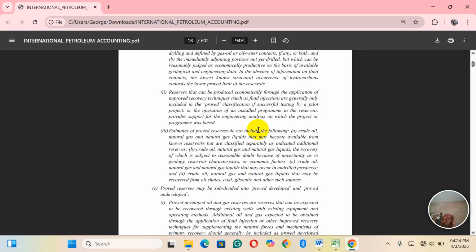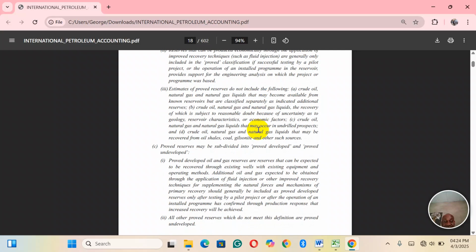C, crude oil, natural gas, and natural gas liquids that may occur in undrilled prospects. And D, crude oil, natural gas, and natural gas liquids that may be recovered from oil shale and coal, gilsonite and other such resources.